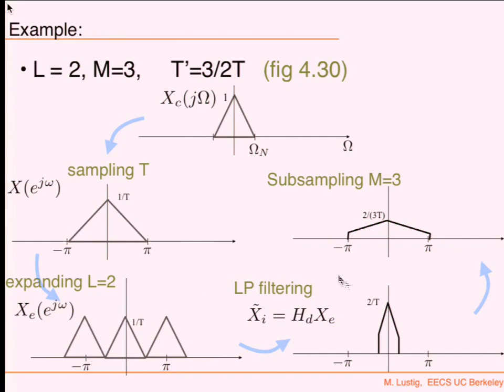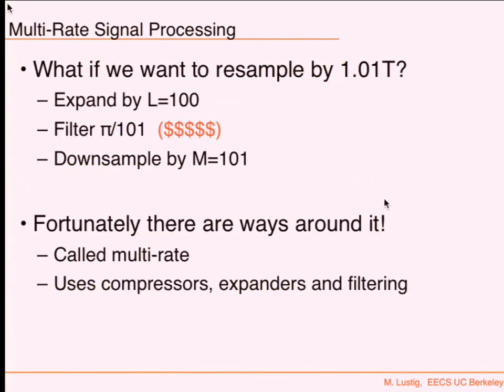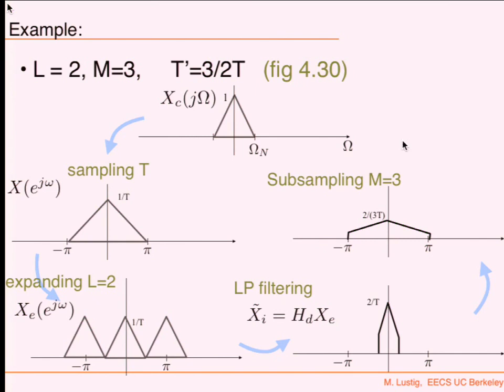We low-pass filter with the minimum between pi over 3 and pi over 2, and then downsample after that. That will give me this, which would have been the effective rate if I did an anti-aliasing filter plus sampling at that rate, for this particular signal.